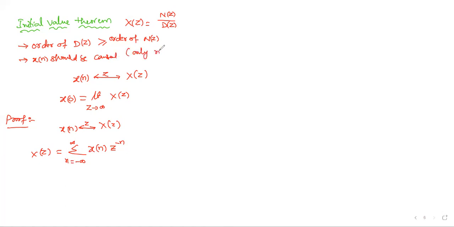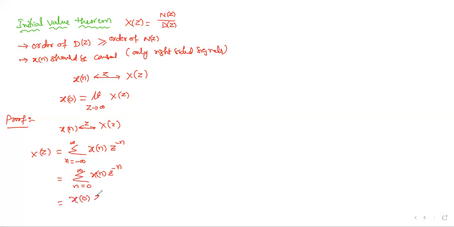Only right-sided signals, no left-sided part. That means the summation runs from n equals 0 to infinity, because x of n is causal and exists only on the right side. So X of z is the summation from n equals 0 to infinity of x of n into z power minus n.